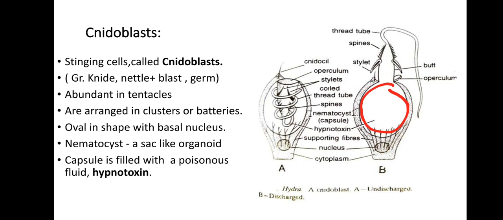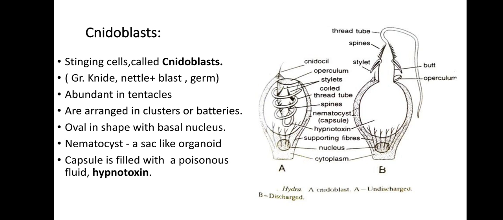It is an organoid of the cnidoblast. Cnidoblast is actually the cell, and its other name is stinging cell. Be clear about it, no confusions. The whole of it is the cnidoblast; only this portion, with all its thread, is the nematocyst, and it is an organoid.